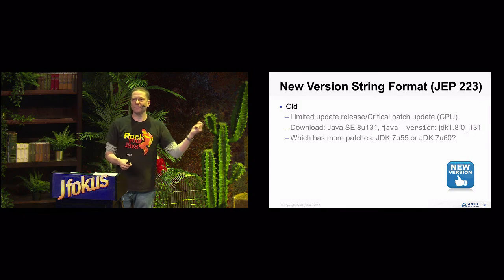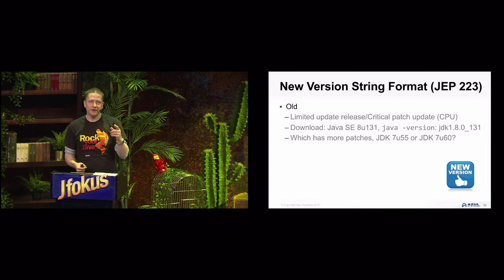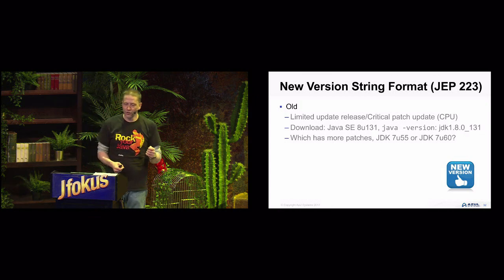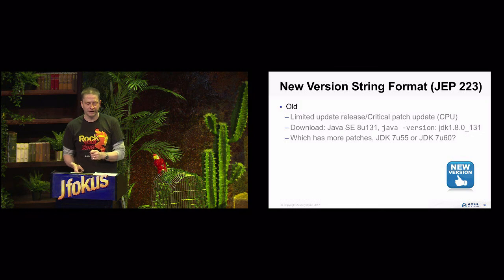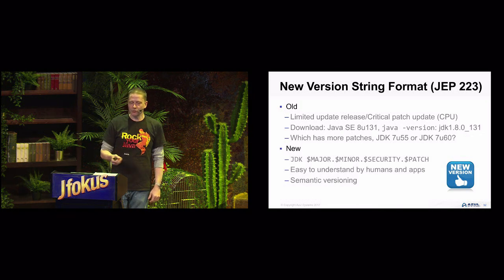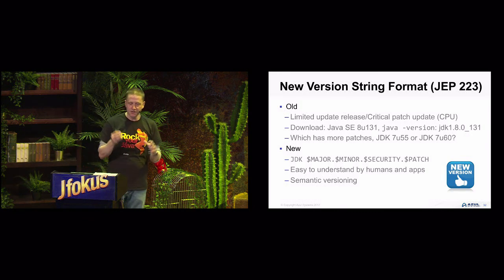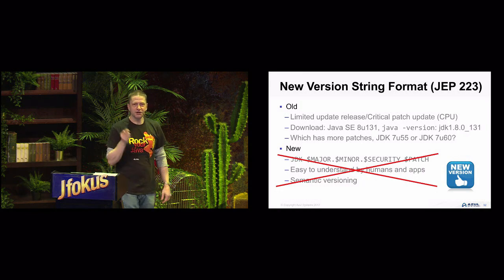If you download Java SE 8 update 131 and then run java -version, what you get is JDK 1.8.0_131, which doesn't really make a whole lot of sense. So in JDK 9, the idea was to change that into a more semantic versioning scheme: major, minor, security, and patch. Four numbers separated by periods. Great, that'll be wonderful. No. Don't like that. We're going to change it again.